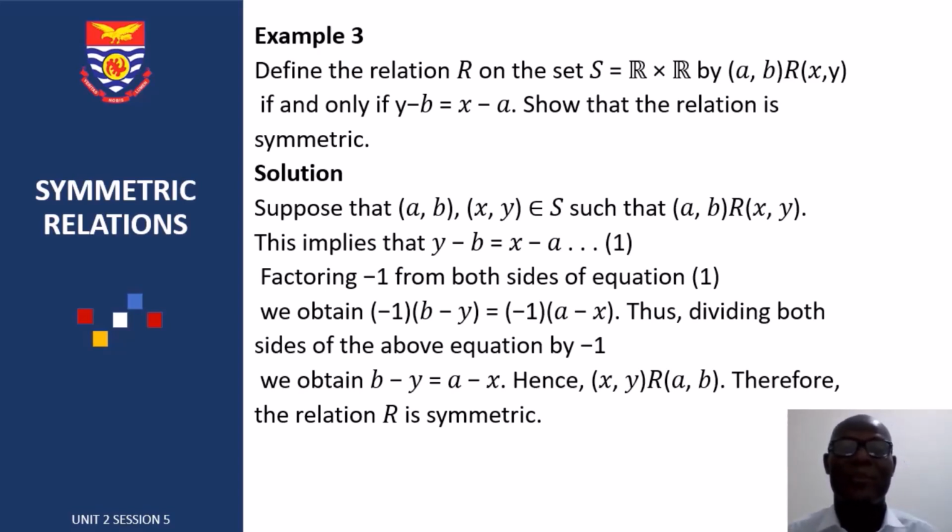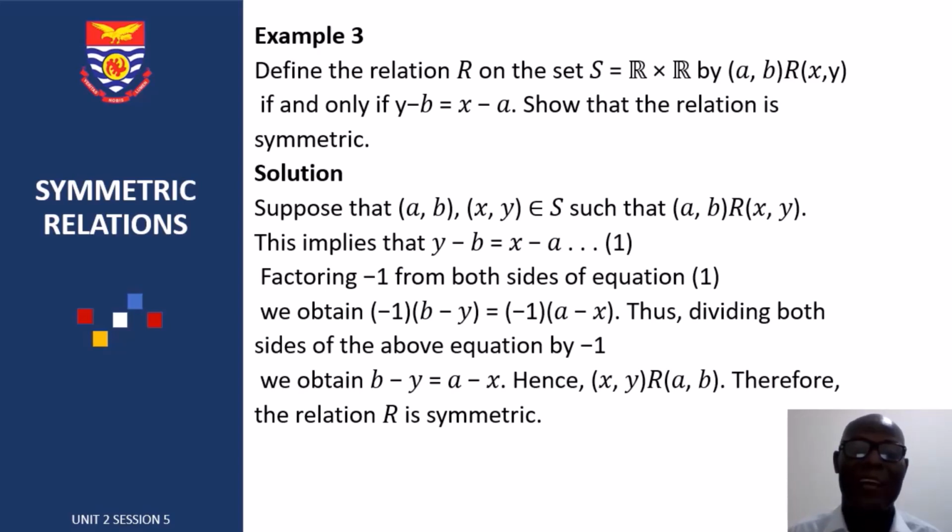Solution. Suppose that a, b, x, y belong to S such that (a, b) is related to (x, y). This implies that y minus b is equal to x minus a. That is equation 1.